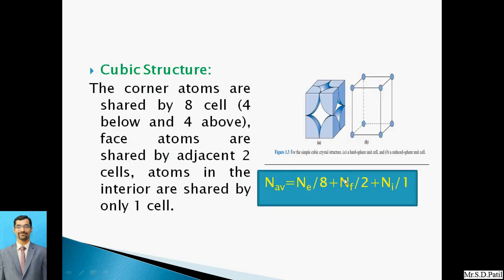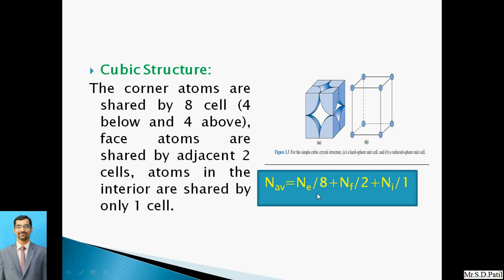Try to understand why this is 8, why this is 2, and why this is 1. N_AV equals N_C, the number of atoms at the corner, divided by 8. Why does this 8 come? Because this atom is shared by the 8 corners, 1, 2, 3, 4, 5, 6, 7, 8, or you may say 8 cells.